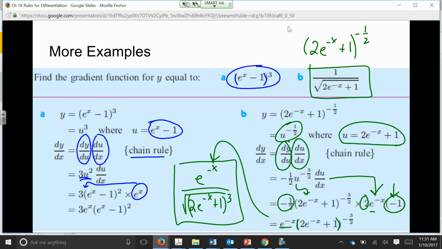This is a slightly better answer to that problem there. All right, so that's it. That's how you find the derivative for e to the f of x function.